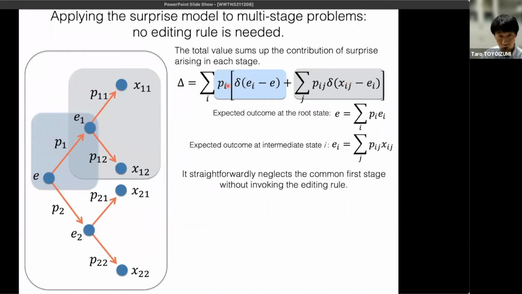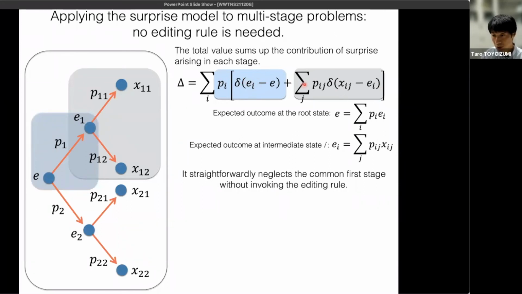For stage 1, it's simple. You multiply the transition probability P1, and within this nonlinear function delta, you compare the expected value before the transition E and after the transition E1. So this is the difference in the expected value before and after the transition. So this is the surprise from the first transition.